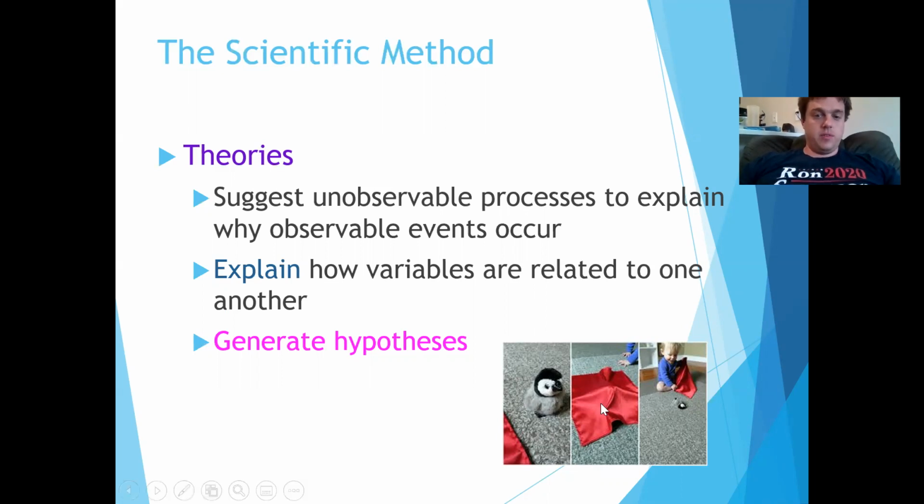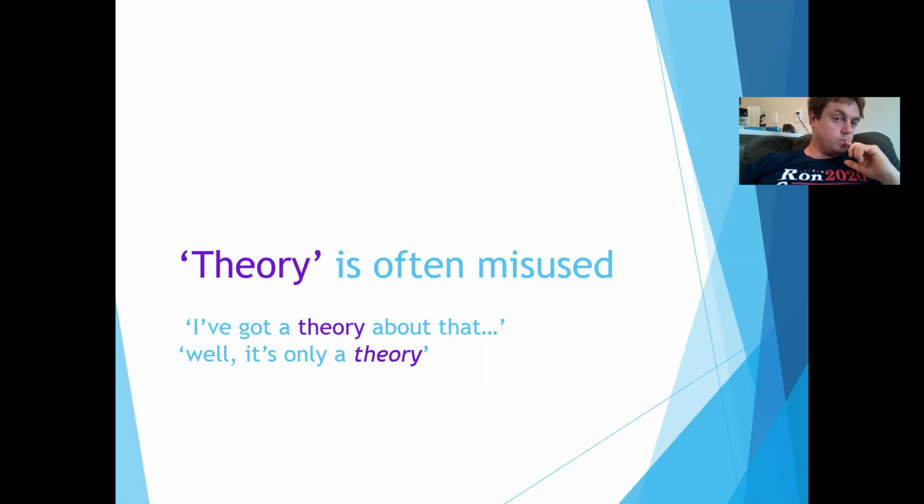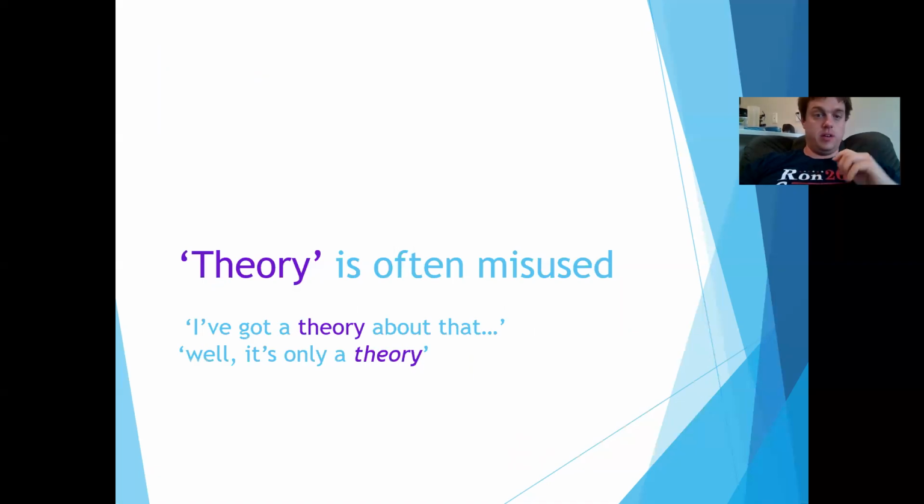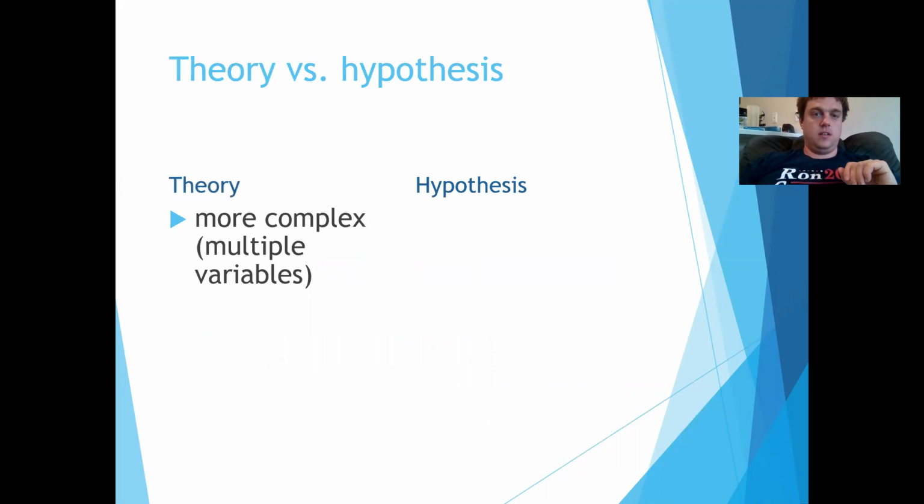So if you have a toy for them, hide it, they think, okay, it's gone. It no longer exists. They don't understand, okay, it's just hidden under this sheet. So that's the theory, and we're going to use that as an example here. Just keep in mind that the word theory is often misused. A theory is an explanation, but if it's not tested, then it's not a hypothesis.